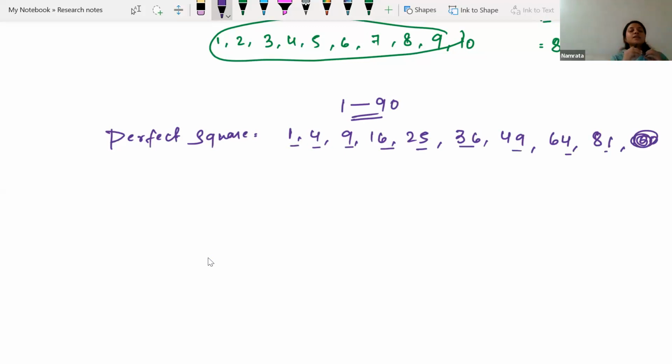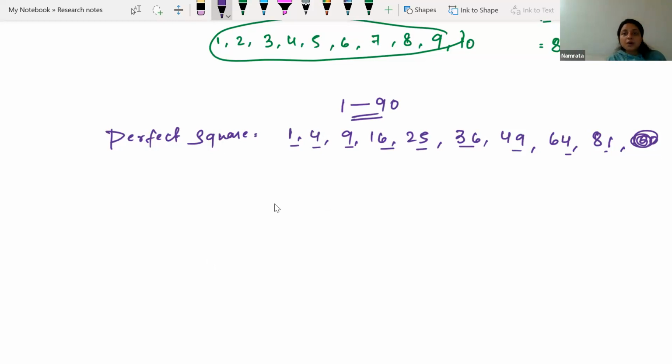The first disc has number 1, the second disc has number 2, the third disc has number 3, like this 1, 2, 3, 4, 5, 6, 7, 8, 9, 10, 11, 12, till 90. Till 90 we have numbers written on the discs. How many perfect square numbers are there?